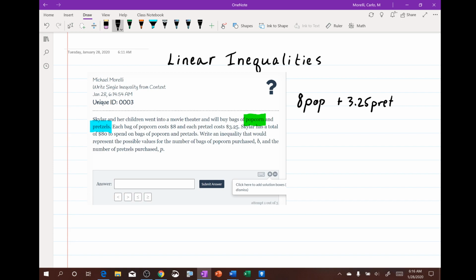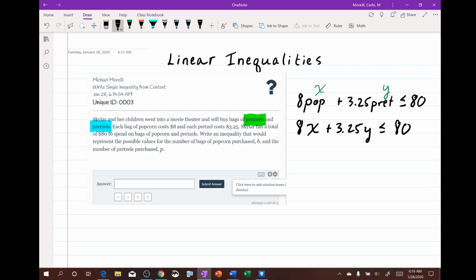And that has to add up to less than or equal to $80. Now, we don't want to write pop and pret, so we'll assign the variable x to popcorn and the variable y to pretzels. So we'll rewrite this as 8x plus 3.25y less than or equal to 80. And that's what we're going to put in here.